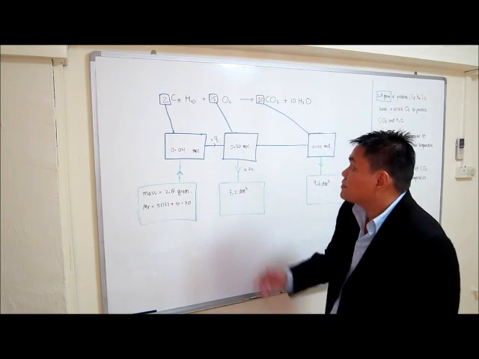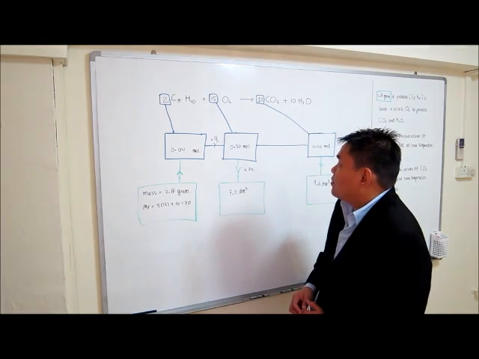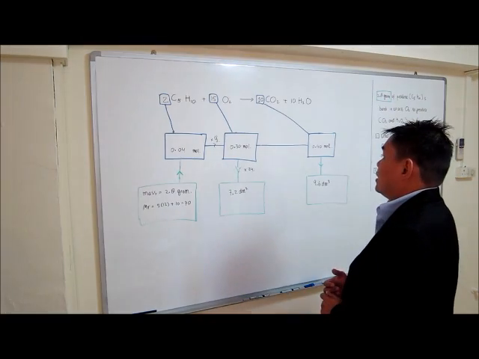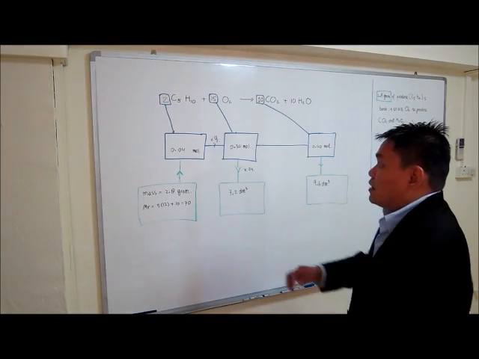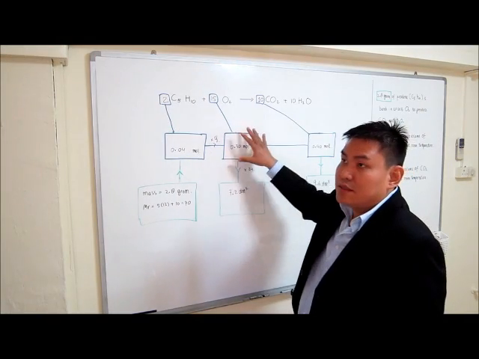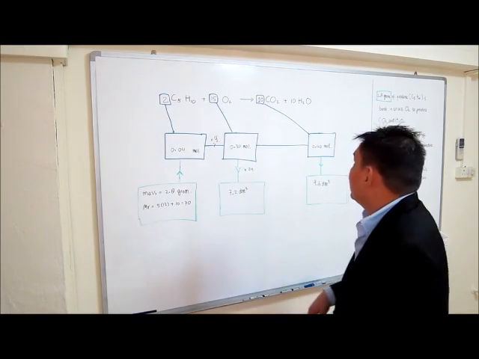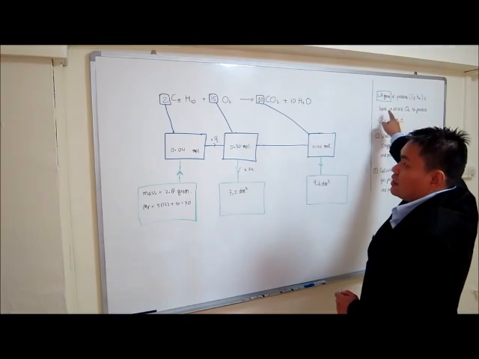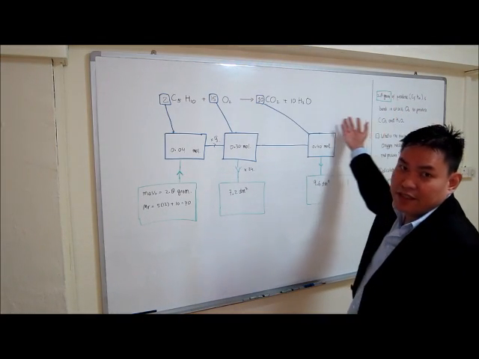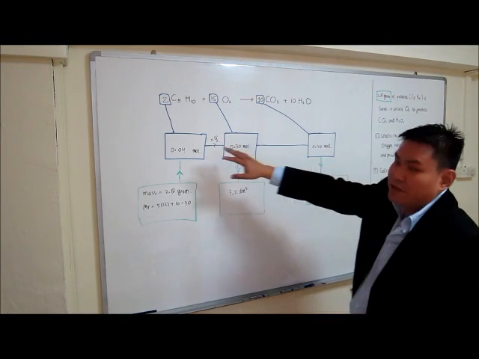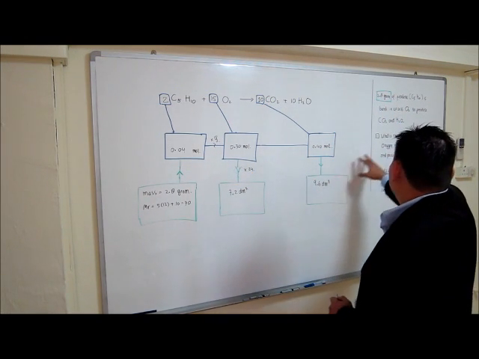To revise, what we need to do if you encounter this type of mole calculation question, we prepare the boxes for the number of moles of substances. If information is given for a certain substance, then you need to prepare 1 box.